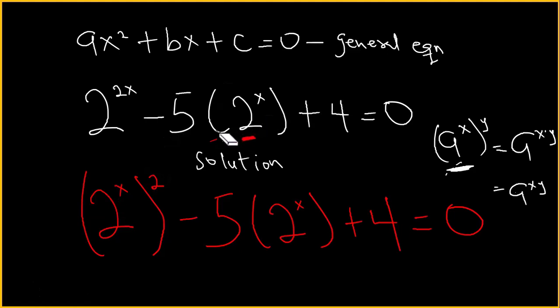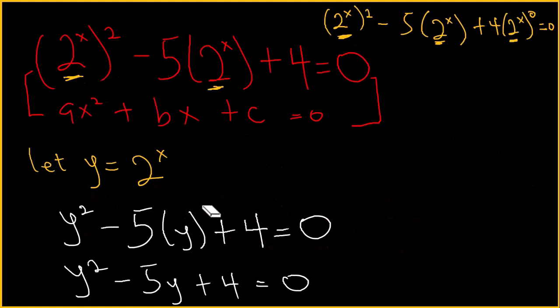And then we changed this question to suit a similar index form, which was 2 to the power x. And that 2 to the power x was set to the variable y. So we said y should be equal to 2 to the power x.